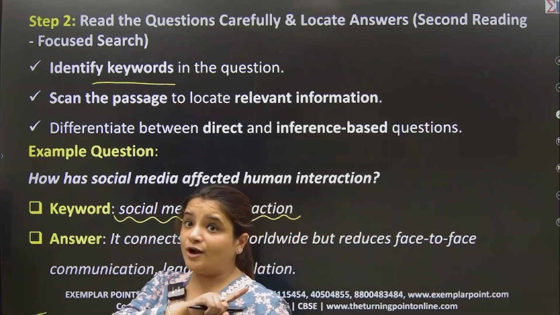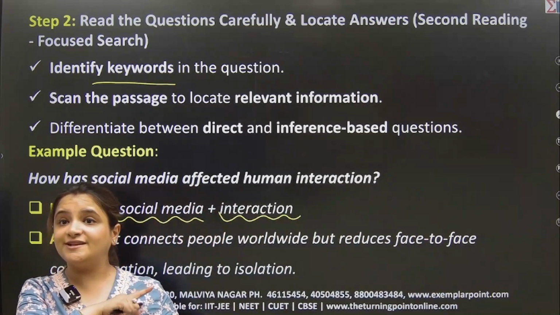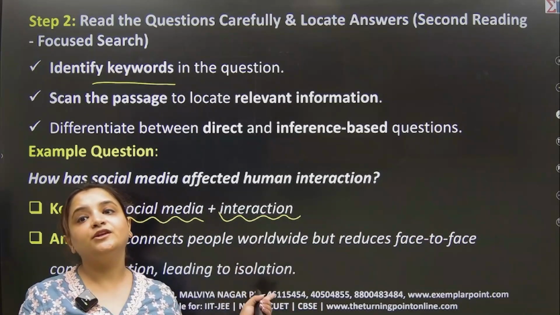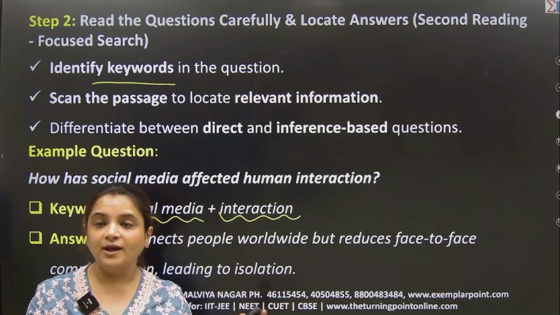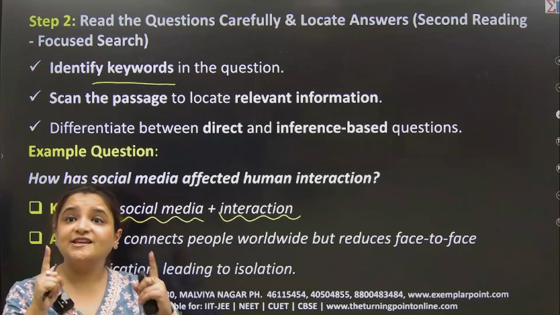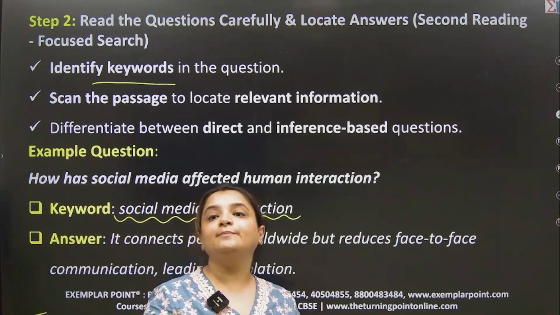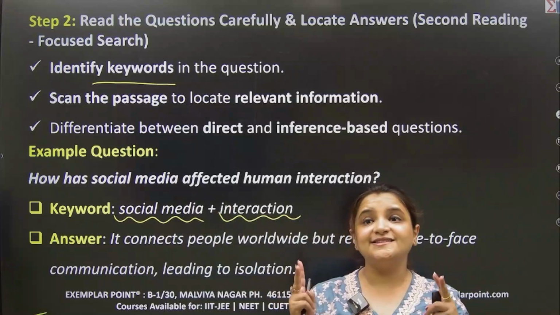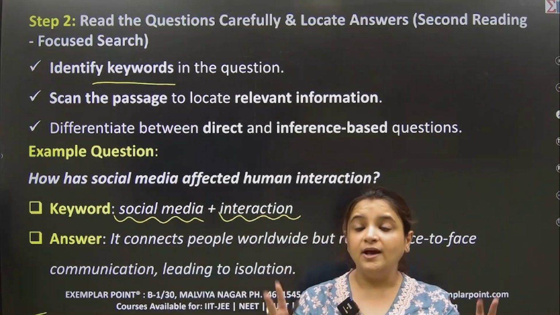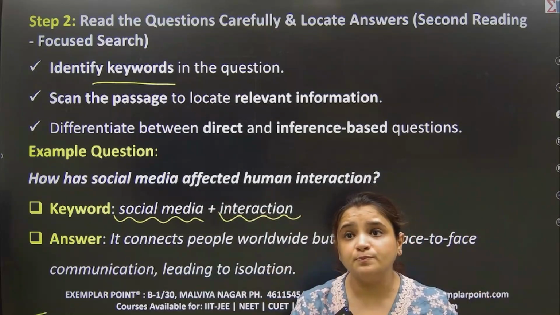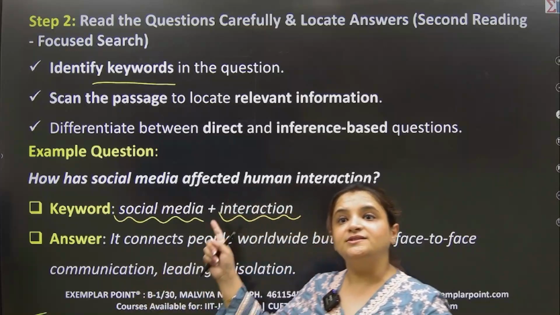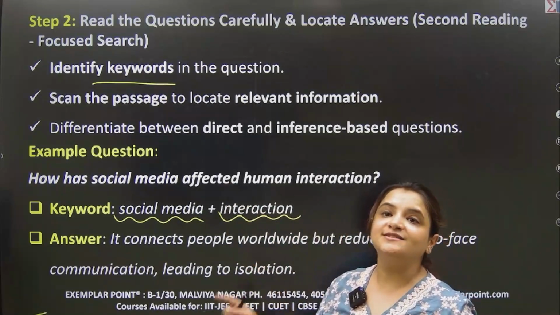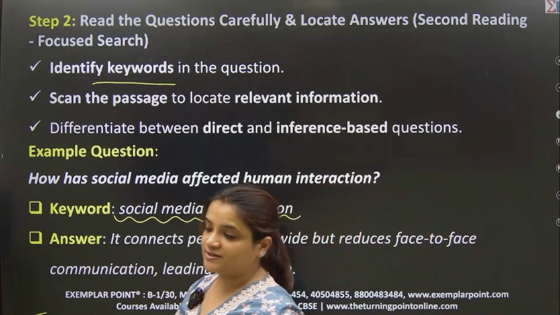Remember, we talked about these two lines only in our previous slide, and that is how we need to answer our question. As I said, first skimming the passage carefully to get the main idea behind it. Second, scanning the keywords properly, the main relevant information properly, to answer the direct questions as well as the inference-based questions.